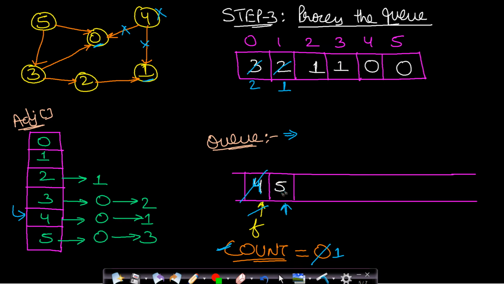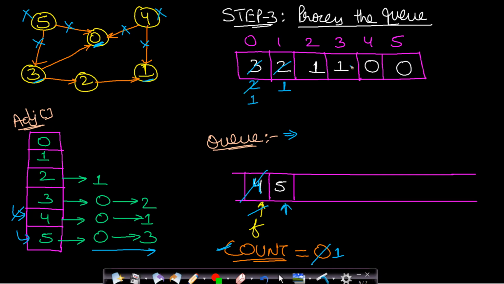Now the front of the queue will move to 5, so we will process 5. The adjacent nodes are 0 and 3. When we remove 5, these two edges will be gone, and therefore the in-degree of 0 and the in-degree of 3 will both be decremented by 1. The in-degree of 0 is 2, so it will now become 1.